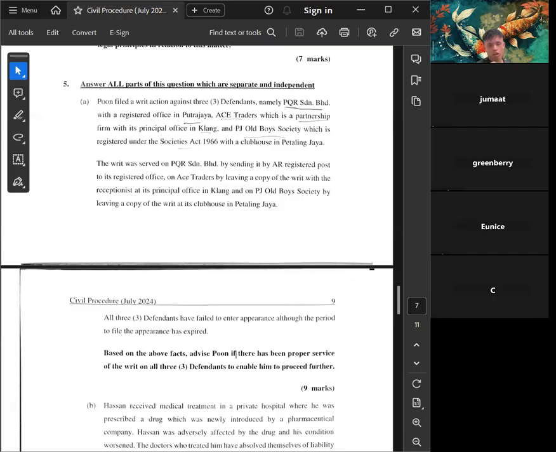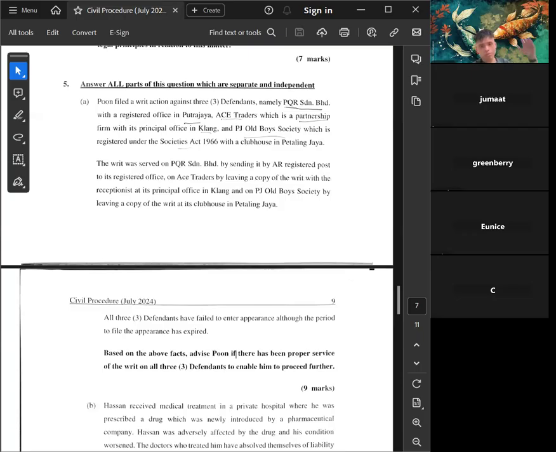So by outlining your answer, you have to differentiate it in the subheadings. Your first subheading is on PQR Sendirian Berhad. So you say, on this rule, what has to be done? And based on the facts, arguably not valid because AR registered post is different from registered post.